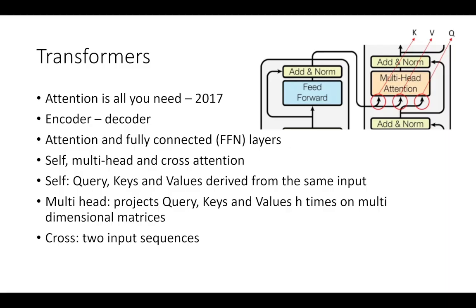So self is on the same input, right? But in multi-head, you have multi-dimensional matrices on which it projects these queries, keys, and values, right? And it does it h times, right? In the cross, as the name suggests, it's over two input sequences, right? Not just on the same input. Okay, so that is a brief on transformers which drive the generative AI.